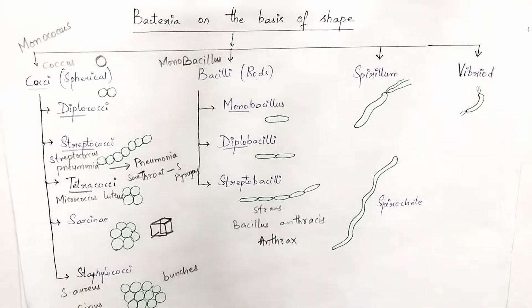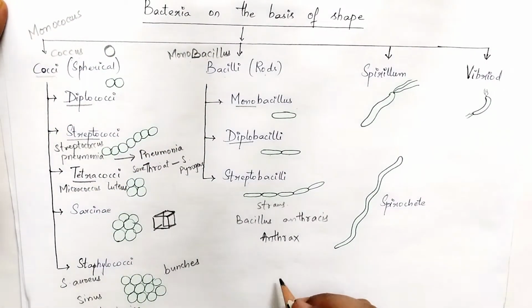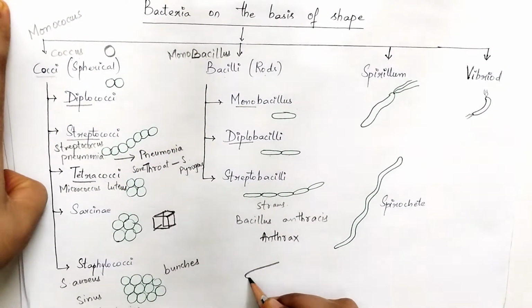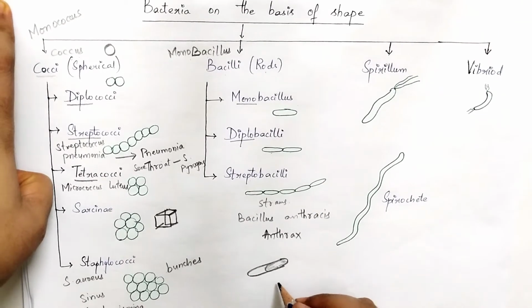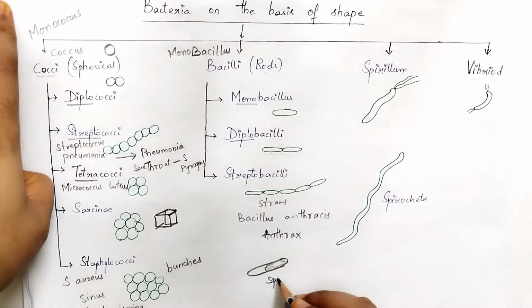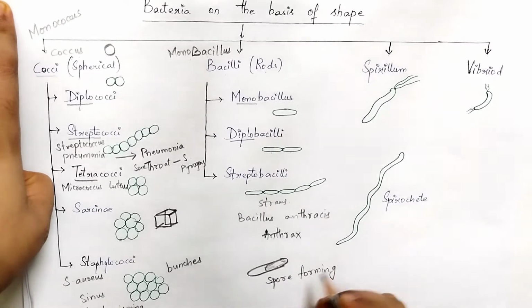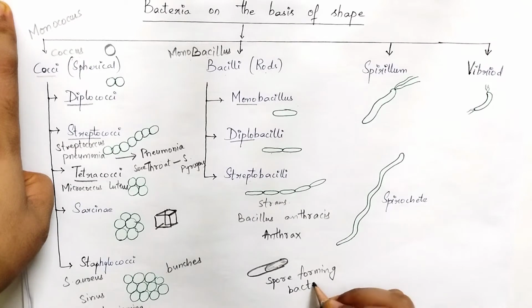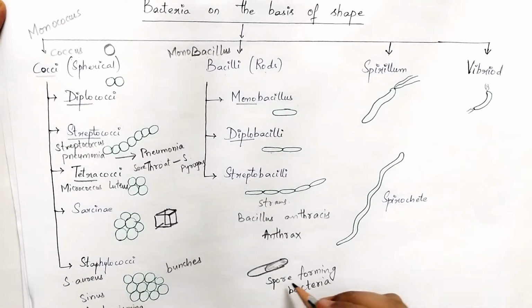One more form of bacillus we can find is the spore forming bacillus. They are the same, but they will look like this. These kinds of bacteria are called spore forming bacteria. They come under the bacilli category. These bacteria form spores.